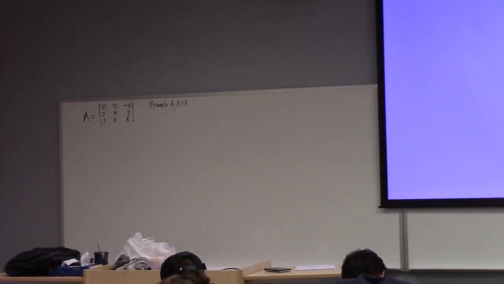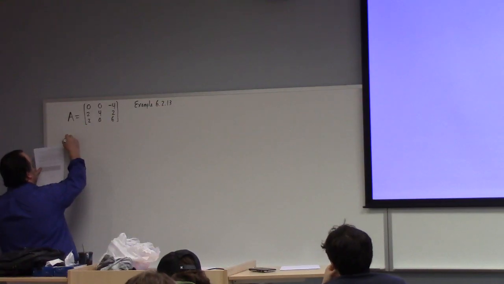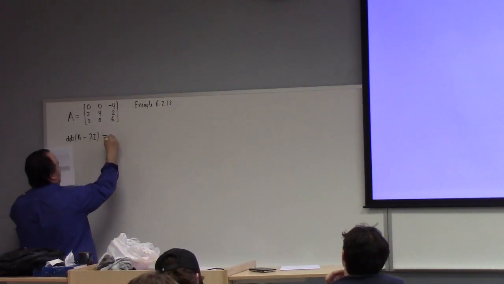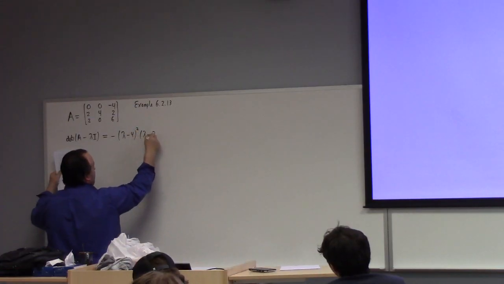So, of course, you can look in the notes there to see exactly how to calculate the characteristic equation. And the characteristic equation is a little bit fussy here, right? If you guys really worked it out, it should have taken you a few minutes. So if we look at the determinant of A minus lambda I, I'll skip the steps here, but it works out to minus lambda minus 4 squared times lambda minus 2.